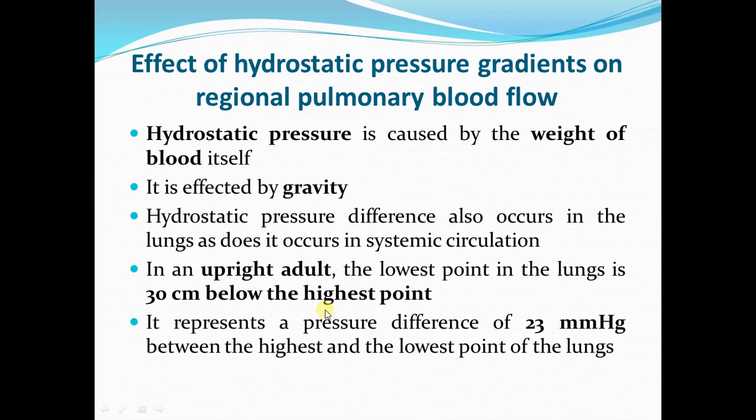Now this 30 cm difference between the apex and the base of the lungs represents a pressure difference of 23 mm of mercury between the highest and the lowest points of the lungs. So a vertical distance of 30 cm causes a 23 mm of mercury pressure difference between the highest, which is the apex of the lung, and the lowest point of the lung, which is the base of the lung.